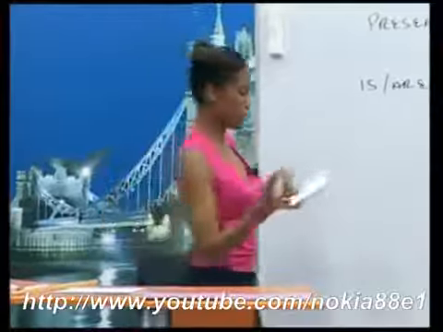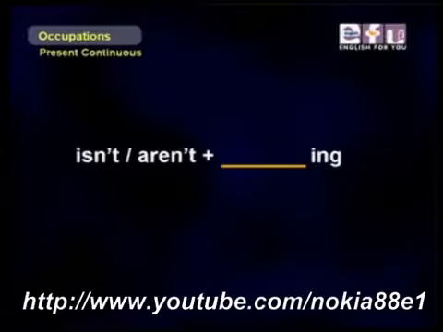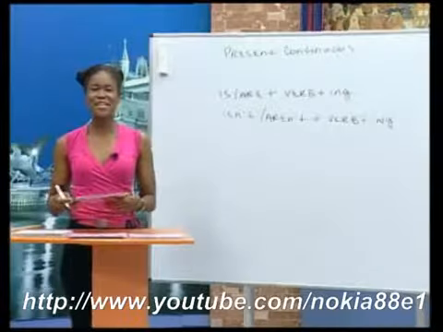The negative form of the present continuous is isn't or aren't plus your simple verb form plus ing. Now let's practice the negative forms of the present continuous. Let's look at another picture.